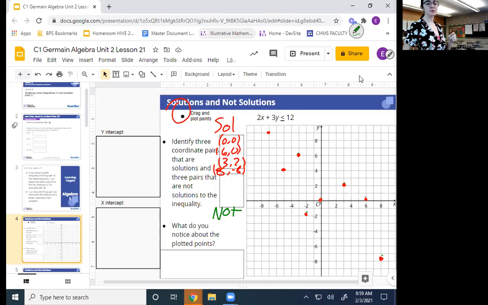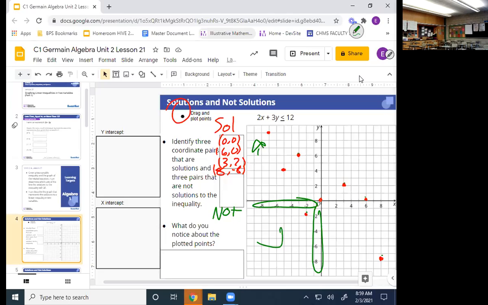Payne said that most of them are near the top of the graph. Good. Gabe is saying that all of these negative values are going to be solutions. Good, I like it. Maybe not all of the negatives, but most of them are negatives, right? Nice job on that one. Peyton said that some of them are near the top of the graph up here, right?